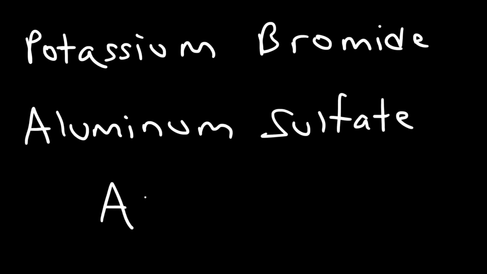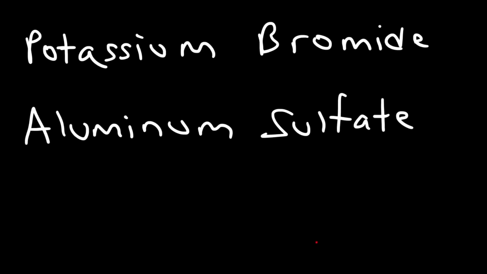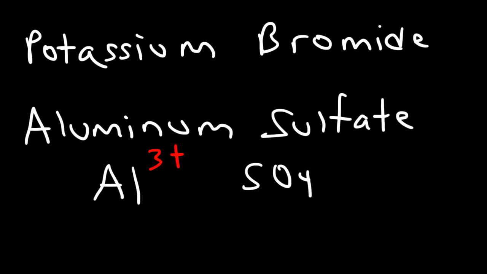Now you might be thinking aluminum is Al, sulfate is SO4, so AlSO4. If you do it this way, the answer will not be correct. You need to make sure the charges of the ions are balanced. Aluminum has a positive 3 charge, or you could write 3 plus if you want. Sulfate has a negative 2 charge, or 2 minus charge.